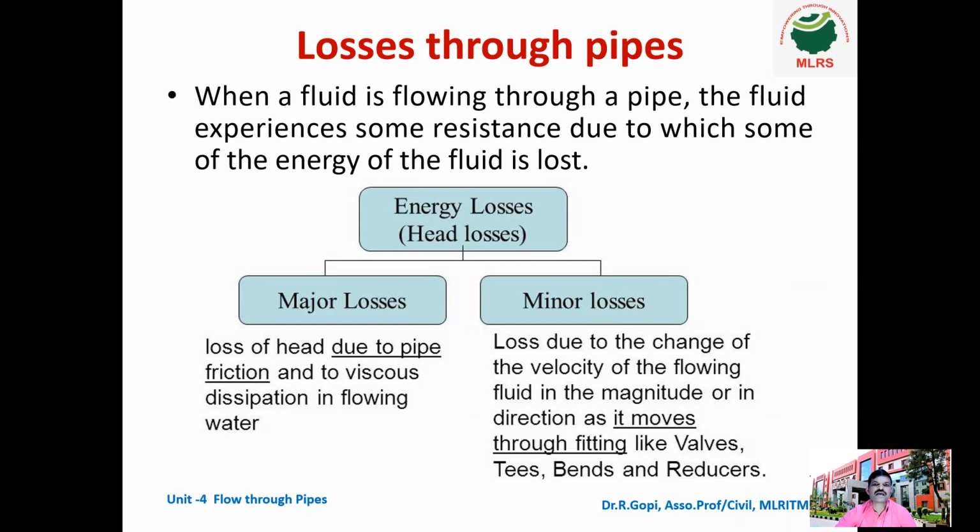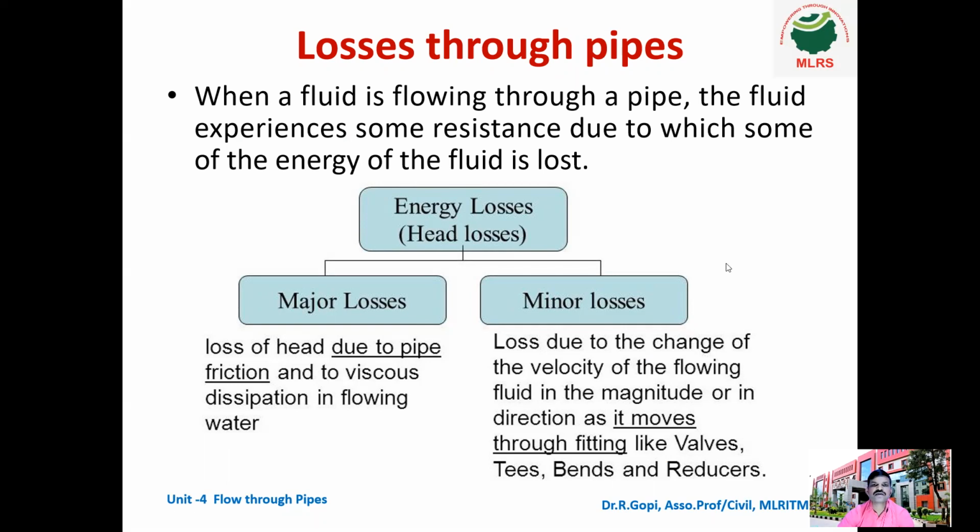Losses may occur in many cases. There are two major types of losses: major losses and minor losses. Major losses occur mainly due to the friction in the wall of the pipe. And minor losses occur due to sudden enlargement of the pipe, sudden contraction of the pipe, bends, and different valves, tees, reducers.